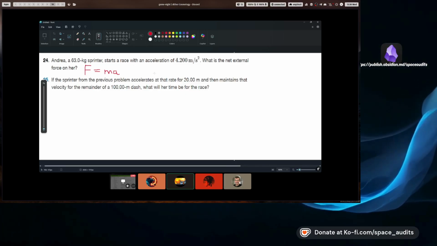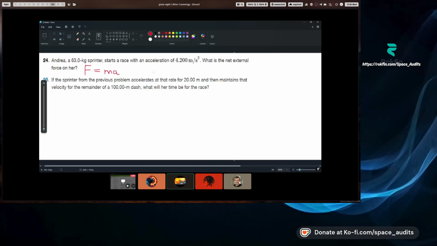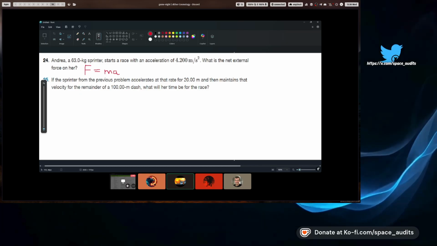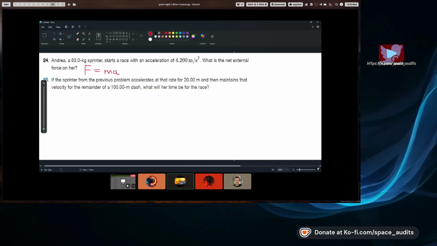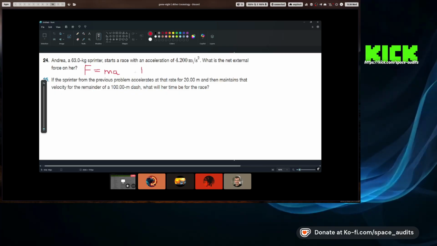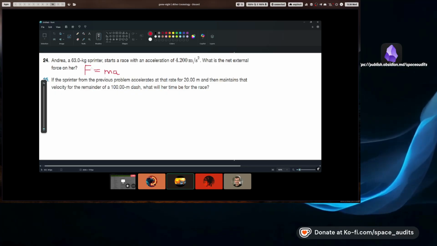One of the most important equations in physics. What are they asking you to solve for? The net external force on her. So, how do we solve for this, Alan?